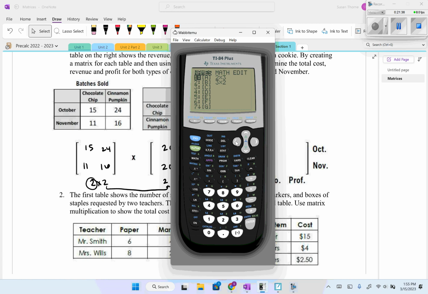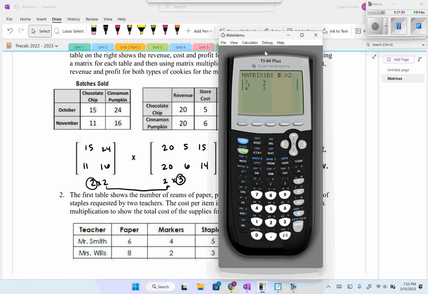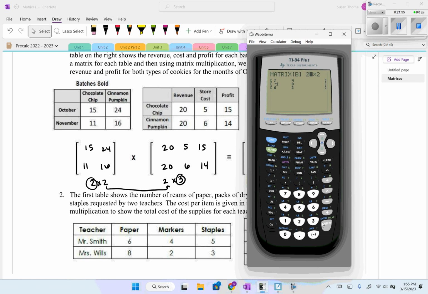So in my calculator, I'm going to go over to edit. We have a 2 by 2 matrix, 15, 24, 11, and 16. And for the second matrix, we're going to do matrix B as a 2 by 3, 25, 15, 26, and 14.